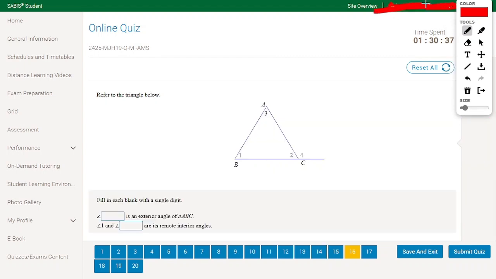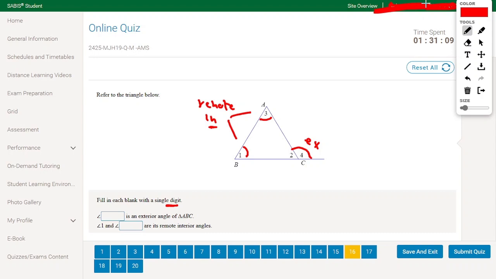Refer to the triangle below. I have this triangle. So here I'm seeing angle 4 is an external angle. So angle 3 and angle 1 are remote internal angles. This is a remote internal angle. Okay, now fill in each blank with a single digit. It's saying here angle is an exterior angle of triangle ABC.